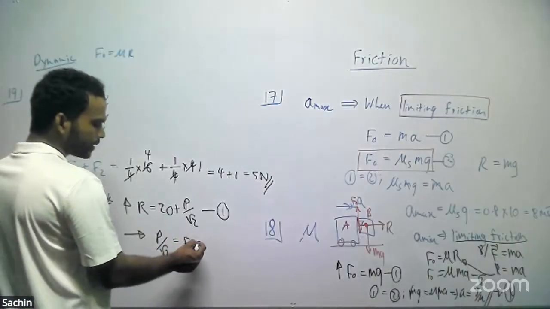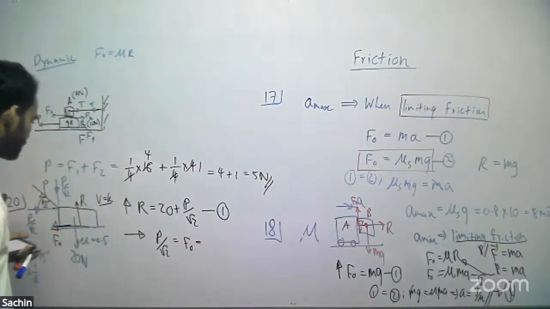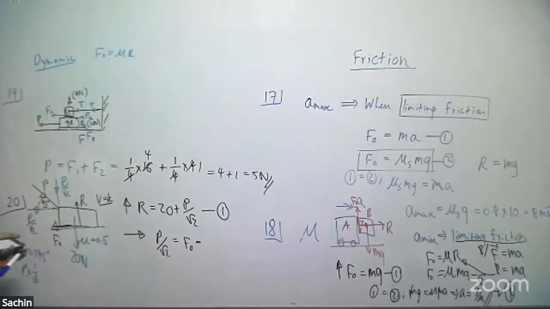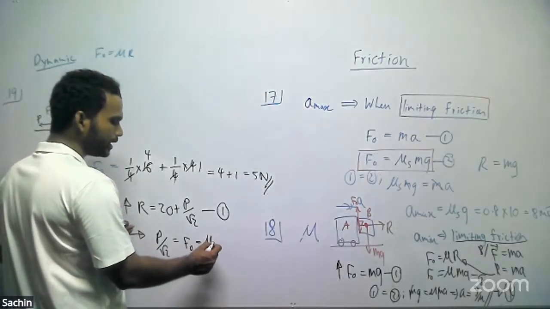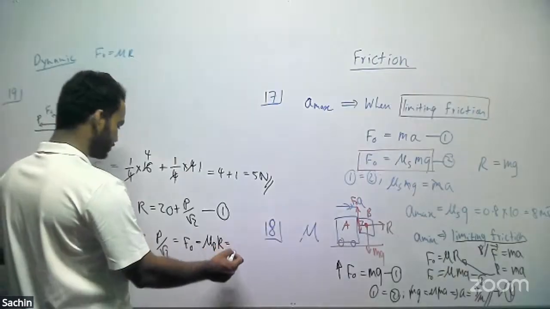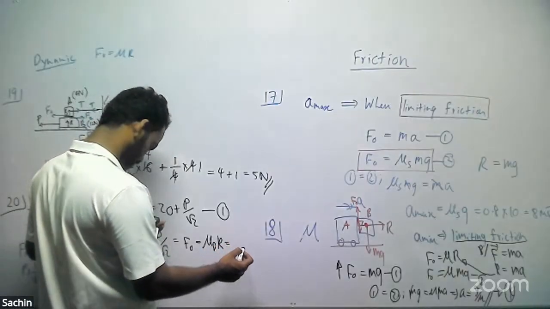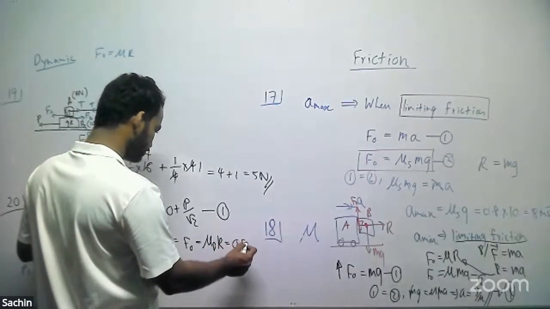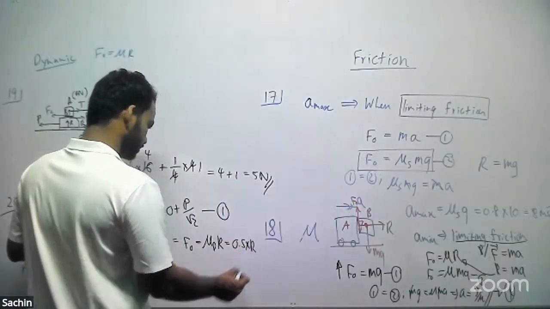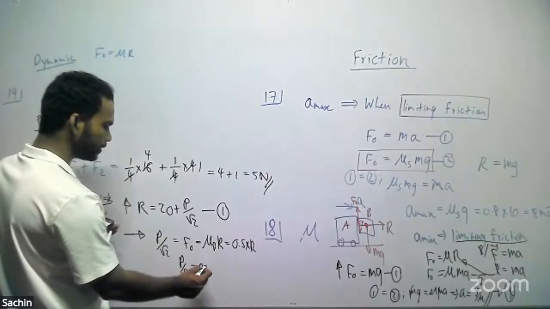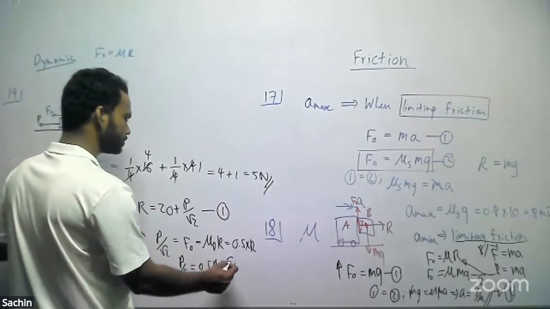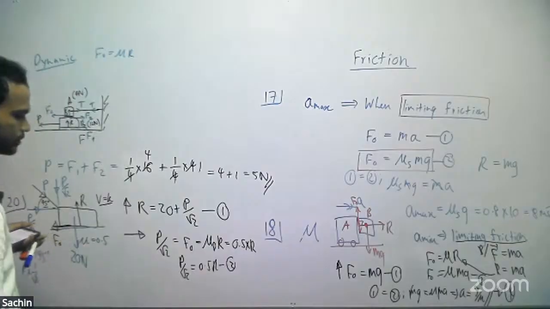F naught is what? Here මේක move වෙනවා කියලා කියන්නේ dynamic case එකක්. So in dynamic case, friction force can be evaluated using mu d R. Mu d is given 0.5. Okay. So P over root 2 is equal to 0.5 R. Now what you have to do?